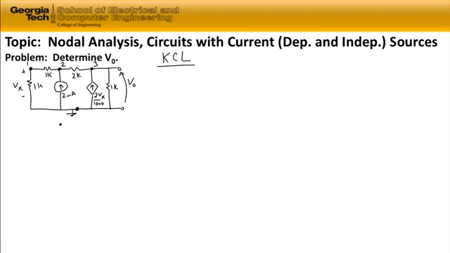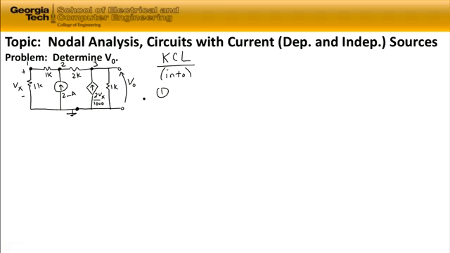We're going to use Kirchhoff's current law to sum the currents either into or out of node 1, node 2, and node 3. We're going to choose to solve the problem by summing the currents into the different nodes. We start with node 1.